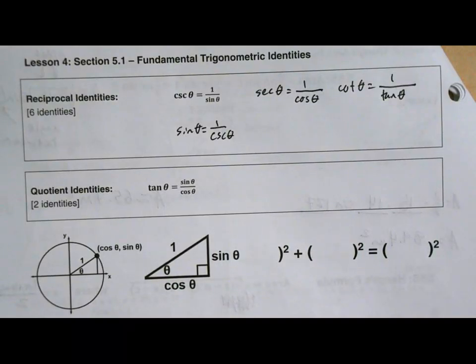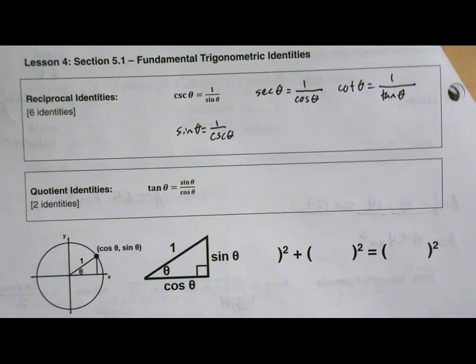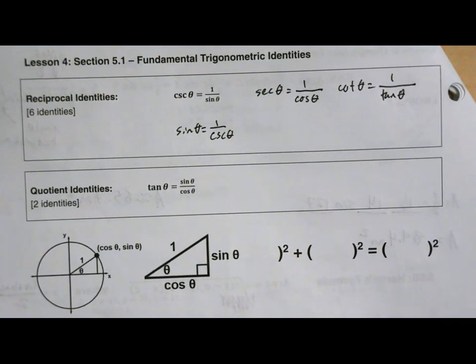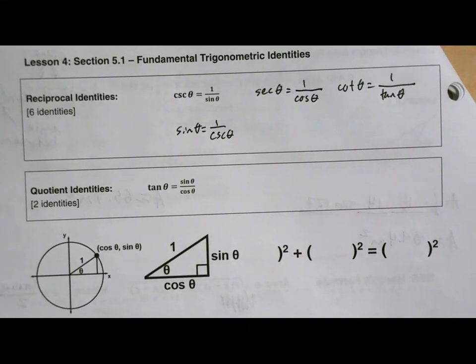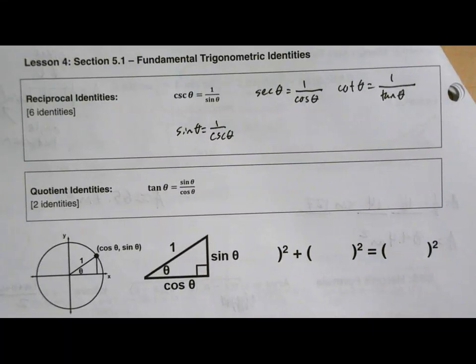So these are called the reciprocal identities. We will end up using these a lot when we approach an expression that has secants and cosecants and tangents or cotangents, and we'll use them to try and turn everything into sines and cosines.